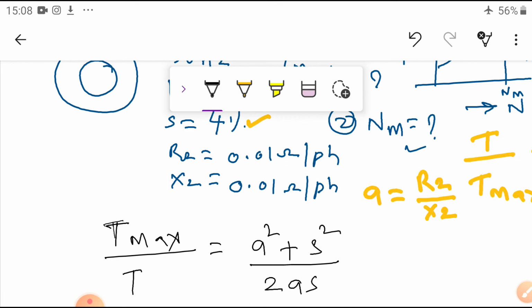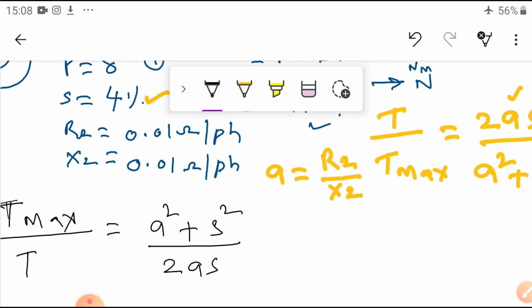Then substitute the values. What is the a value? R2 is given, 0.01 by 0.01, that is equal to 1 only. So a is equal to 1.